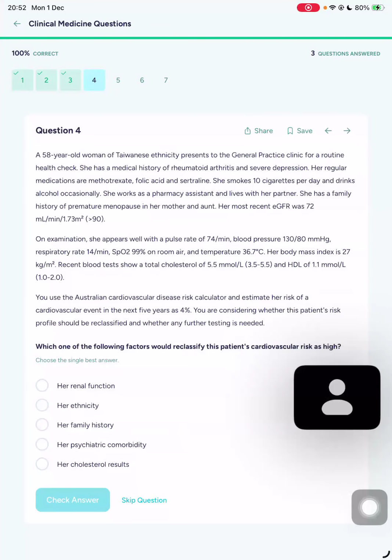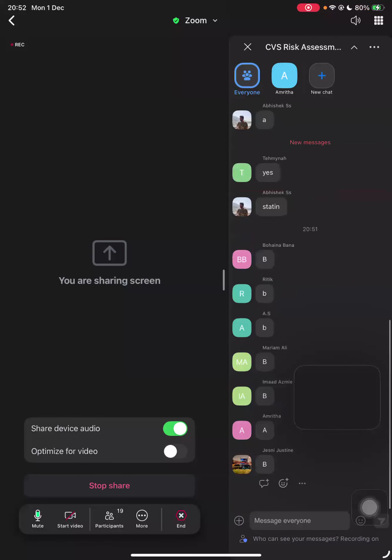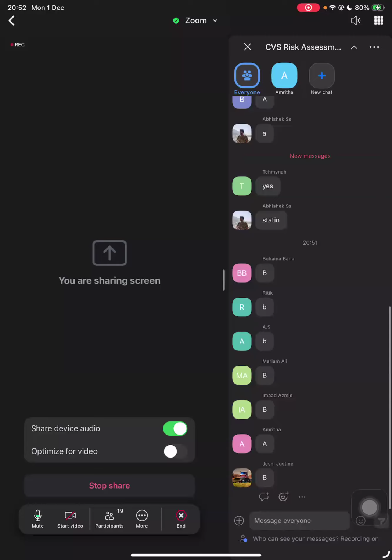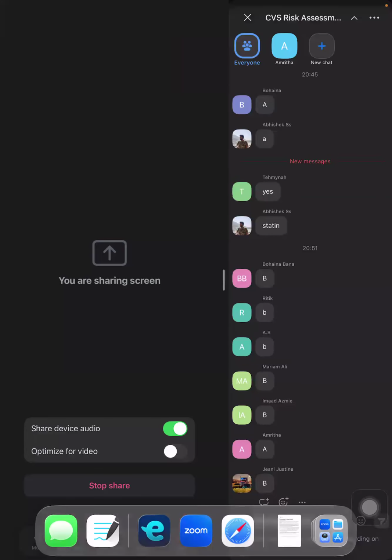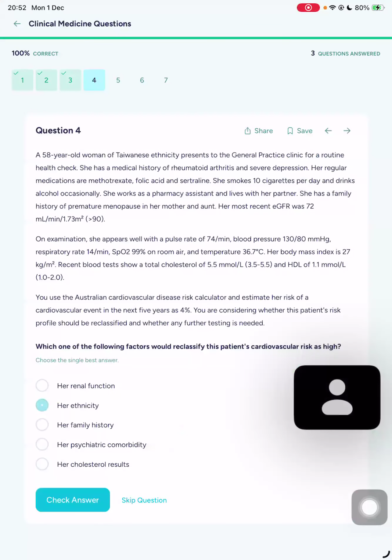What do you think actually? Okay, so most doctors agree with B, right? Let's check B. I'm not telling the answer. Taiwanese, Japanese, these are low risk, no? Yeah, East Asian, Mongolian, they are a low risk group.